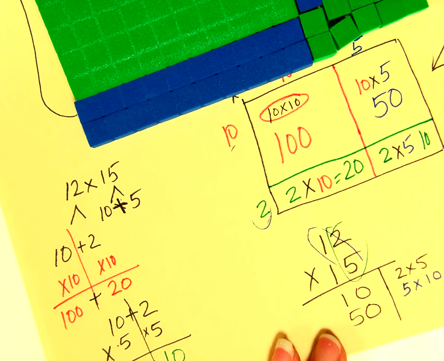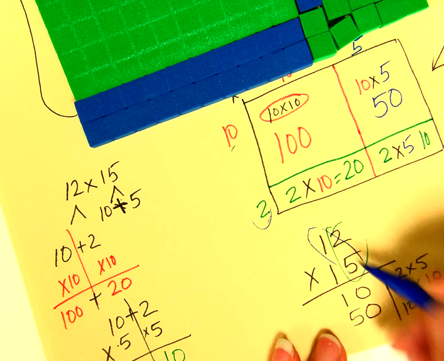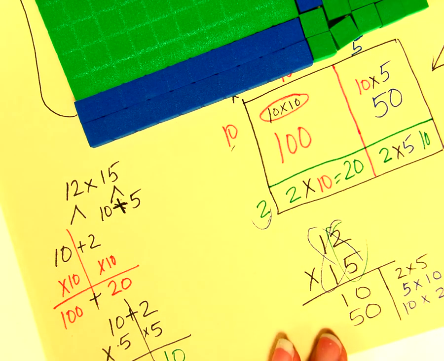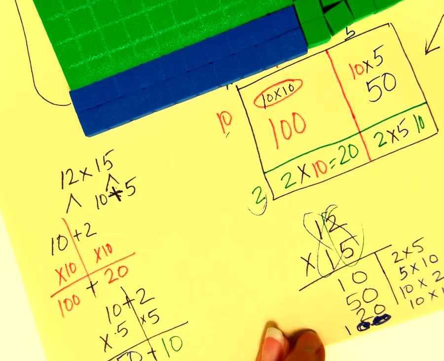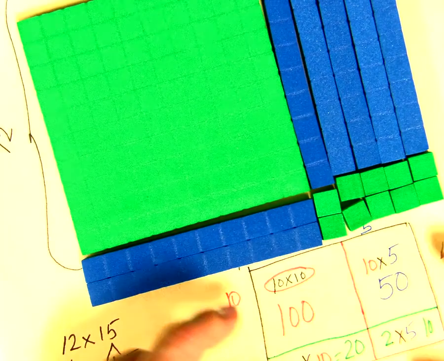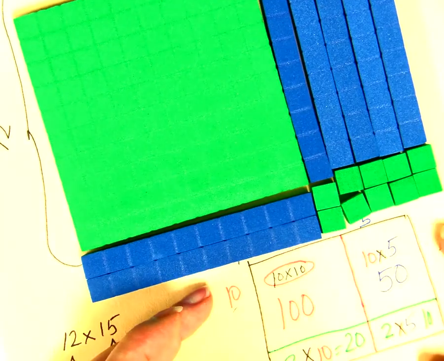Then the algorithm would move to 10 times 2, which is this, and that's going to give me a 20. Then the algorithm moves to 10 times 10, which will give me the 100. Sorry, I should have written that better.